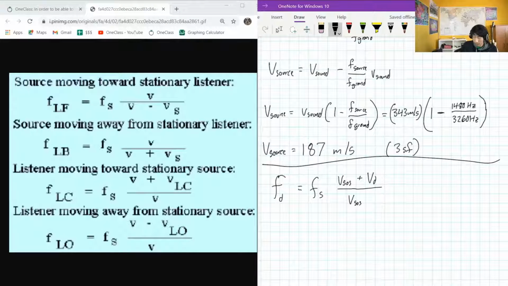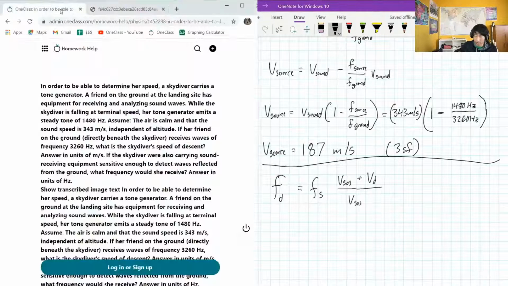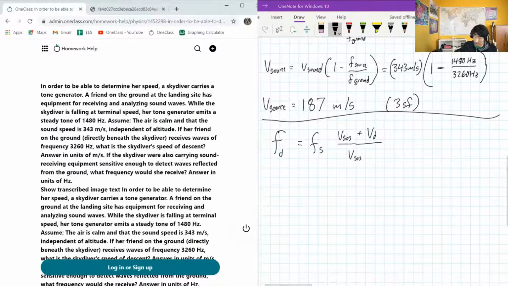This is listener towards stationary source because we're going towards the ground and the ground is the source. So we are trying to find the frequency as observed from the diver, and we actually don't need to do any algebra for that. This is actually fairly straightforward.